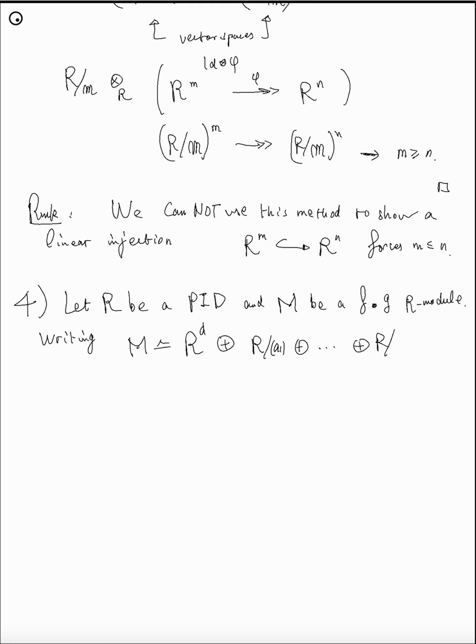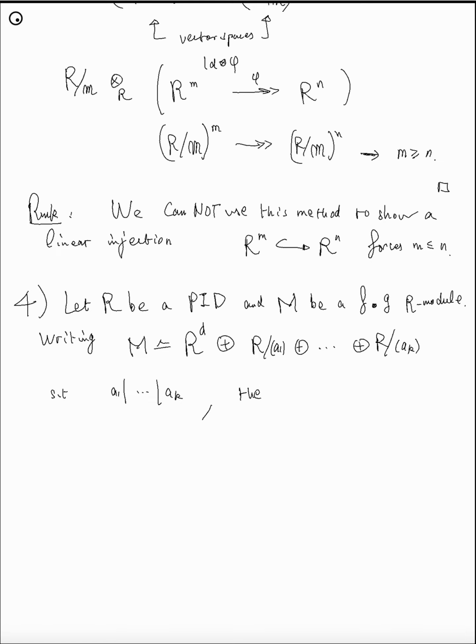And there is a theorem telling us that there is a unique way to write it into such a form, at the same time satisfying A1 divides A2 divides ... AK.